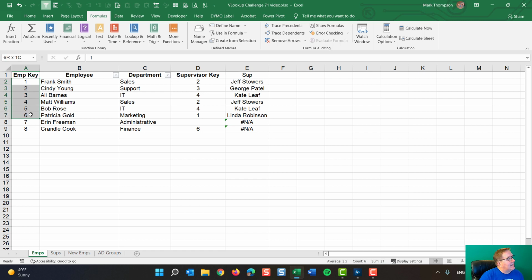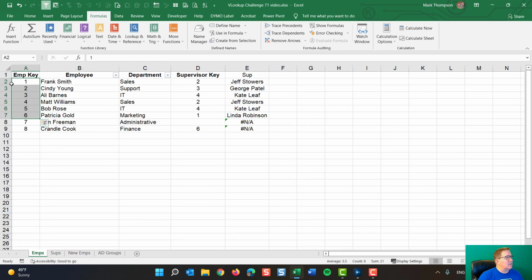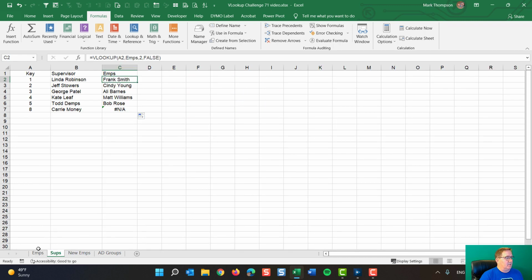It's looking at the employee key, because when you do a lookup, it always takes the first column. So you might even make the mistake of doing this because you didn't realize you're looking up the employee key, not the supervisor key. And so this is giving you a completely mixed up set of data that you don't have clear visibility to.